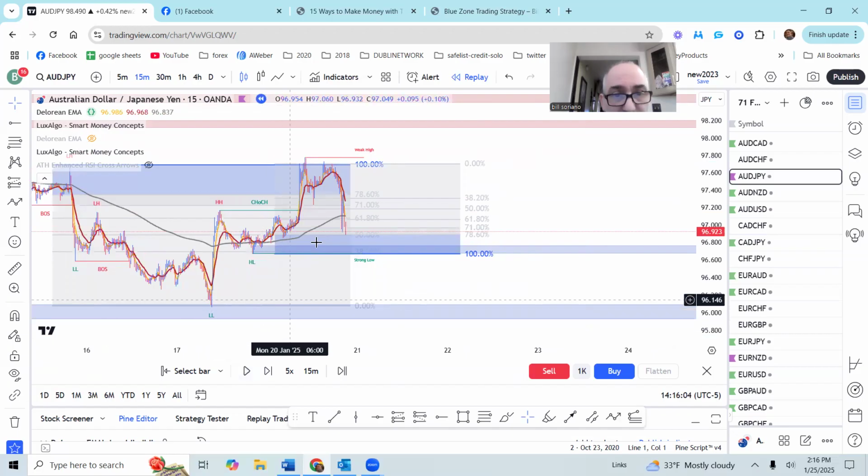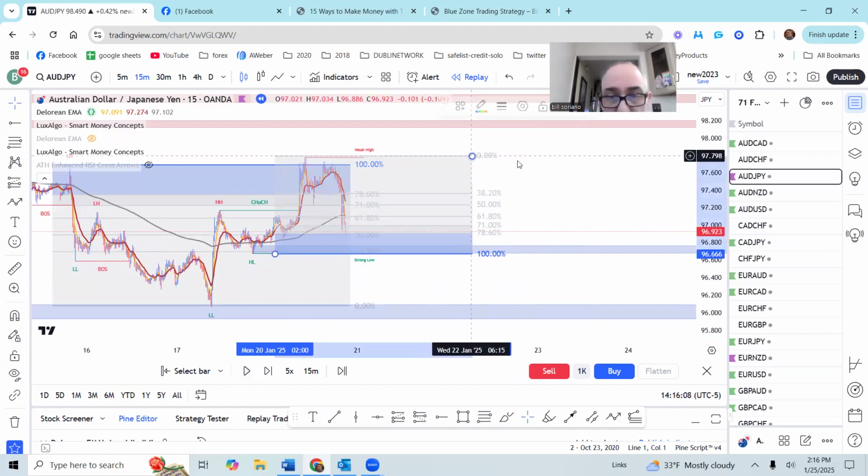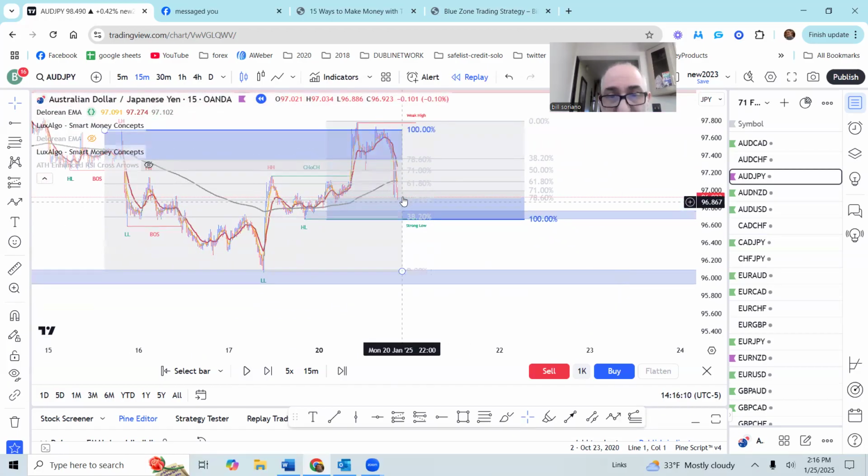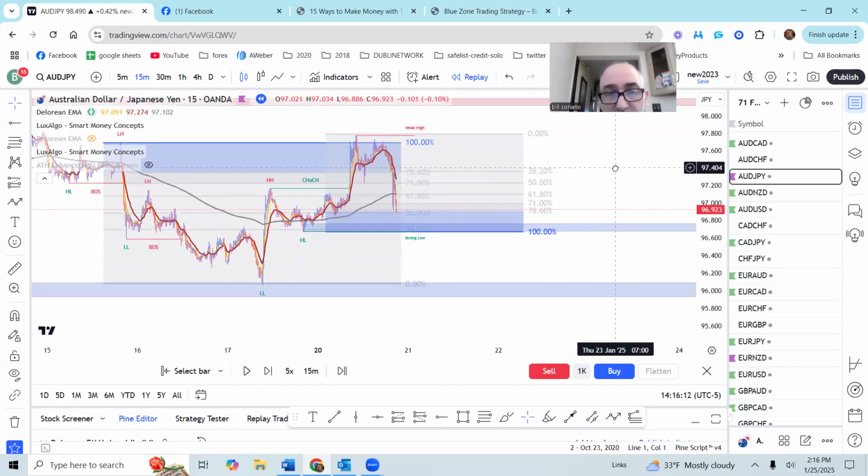We can see here that price moved up a little bit more. Right here, price enters our blue zone, right? Again, we could have set a limit order there, or we can wait for that buy shift to occur, okay?